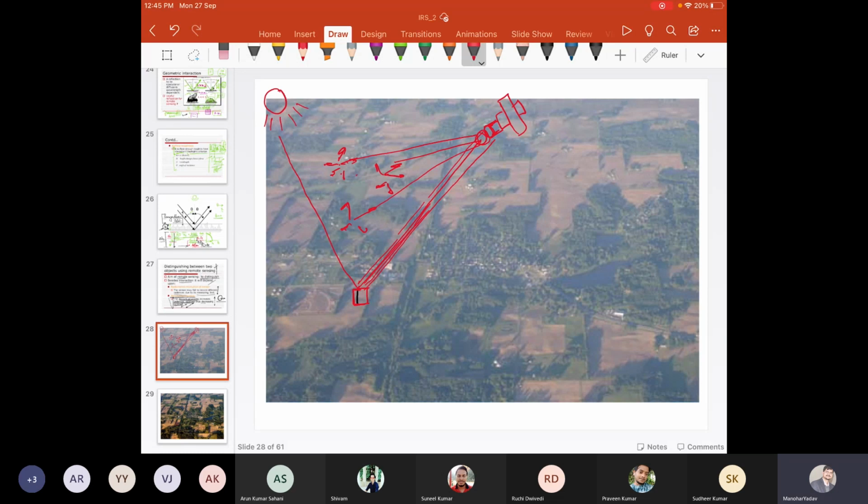They are the constituents which are received in the field of view of the sensor. So one component is reflected from the ground, from this grid over here. Another component we are getting from the atmosphere, that is the atmospheric scatter.